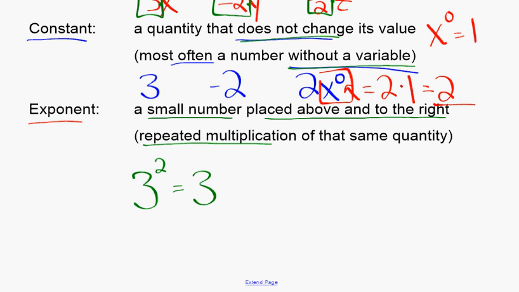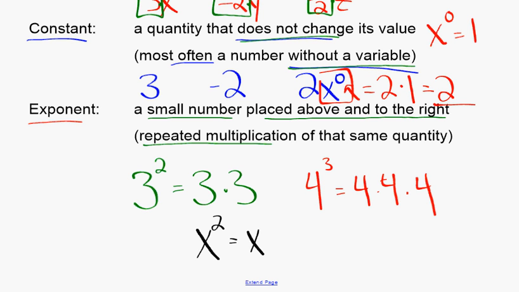So 3 is multiplied by itself 2 times. Say I have the number 4 to the 3rd power. That means 4 is being multiplied by itself 3 times. You could also have x to the 2nd power, and that means it's x times itself 2 times. Or say it's a y to the 4th power. That's a y times itself 4 different times.